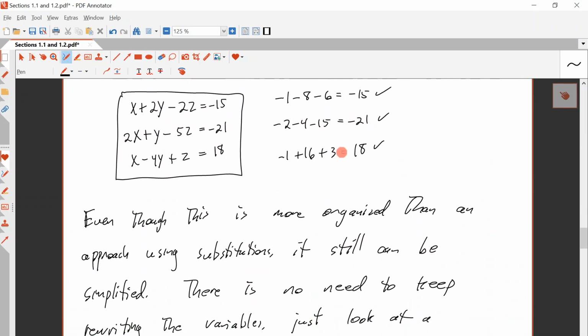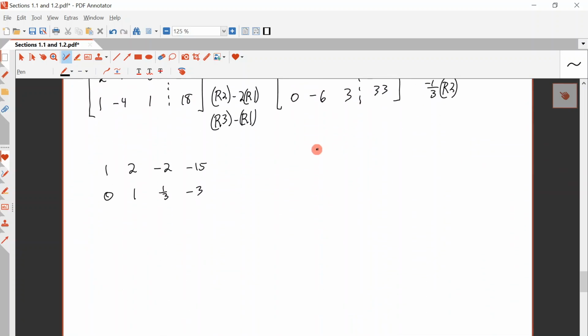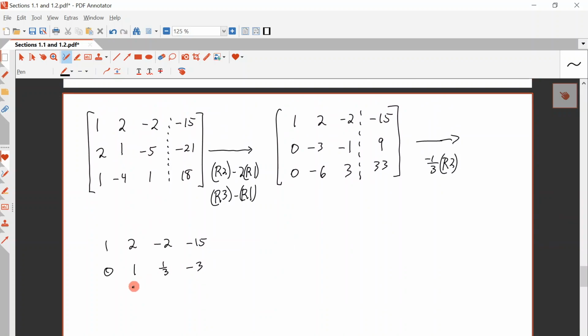Yeah, that's the same. And then third row, I didn't do anything. 0, minus 6, 3, 33. You can even skip all these lines I'm doing, but just for effect right now, I'm putting them in. Later on, we'll skip them.